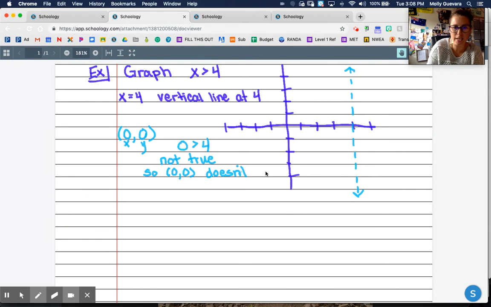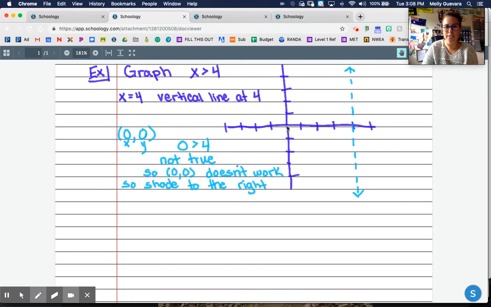It's not an answer. So the point 0, 0, which is right here, is not included in the shaded area because the shaded area is only answers that work. So since it doesn't work, we're going to shade to the right.